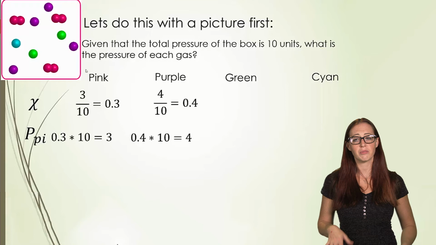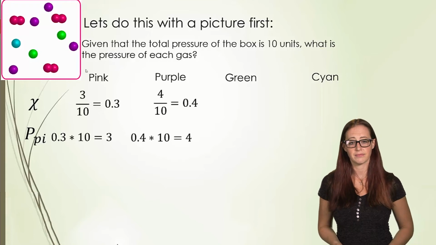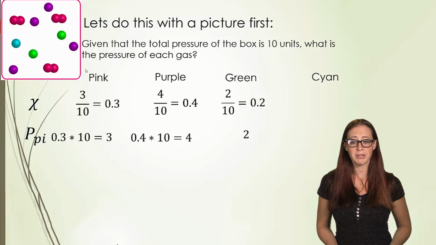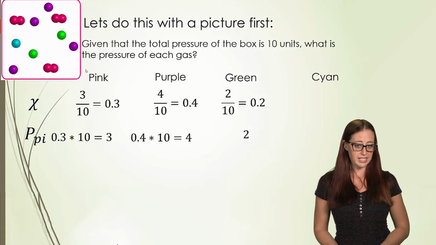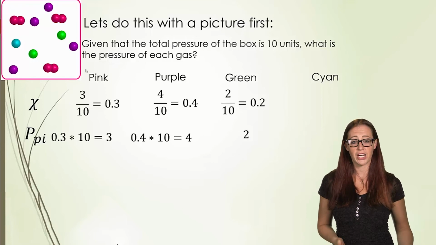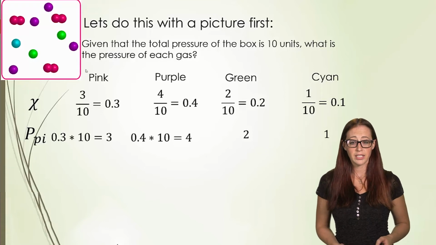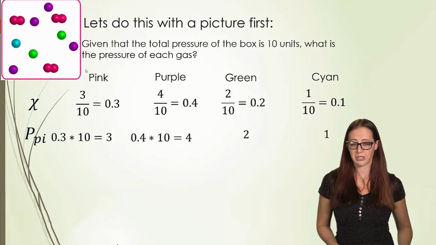Pause again and do this for both the green and the cyan. For green, we have a mole fraction of 0.2, which when we multiply by 10 becomes 2 for our partial pressure. And for cyan, we have a mole fraction of 0.1, because there's only one atom, giving us a partial pressure of 1.